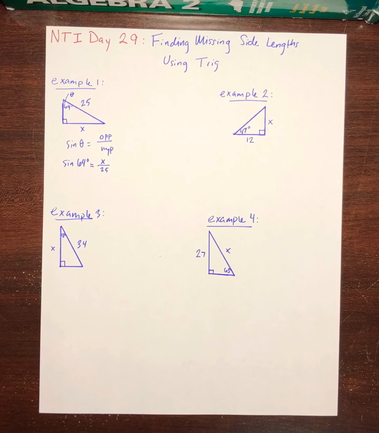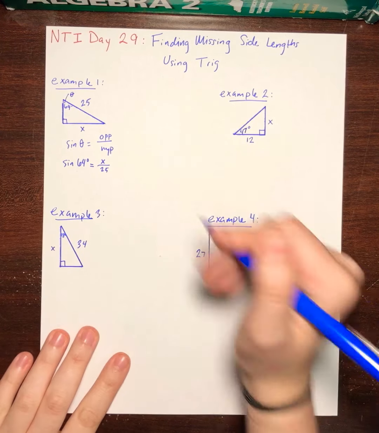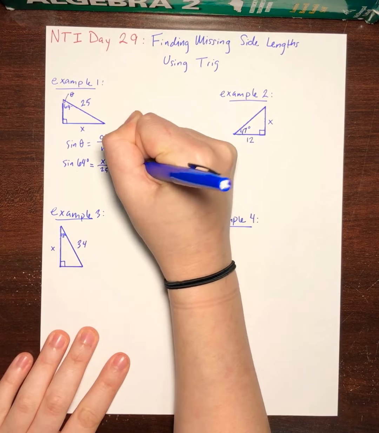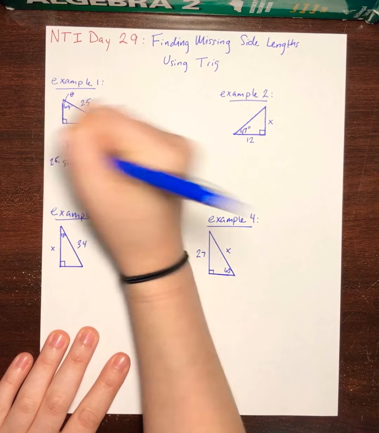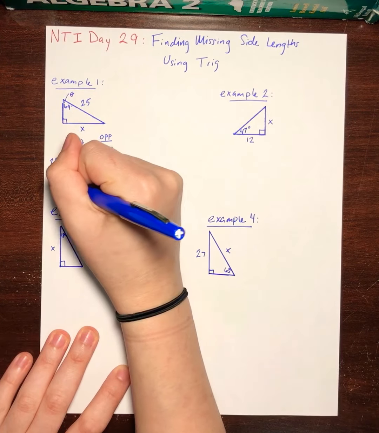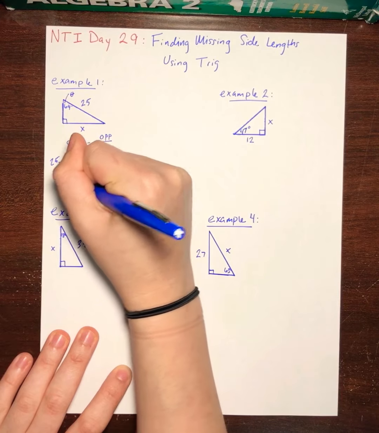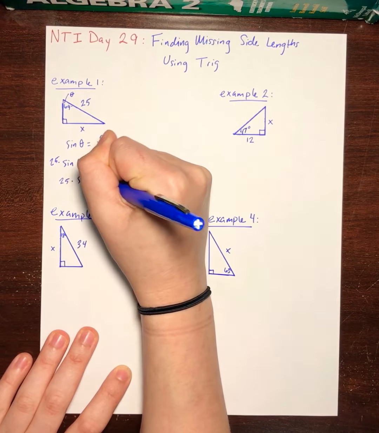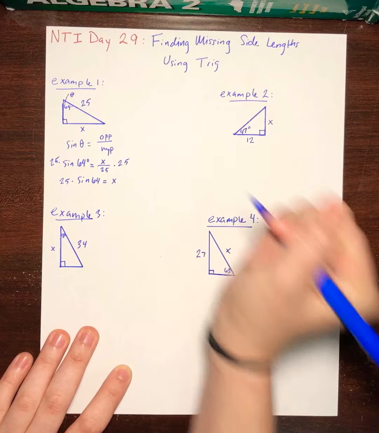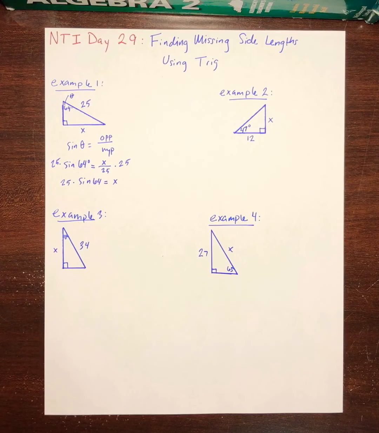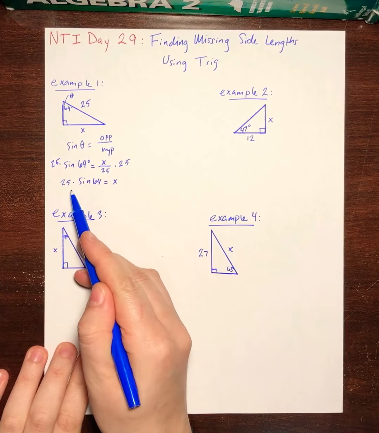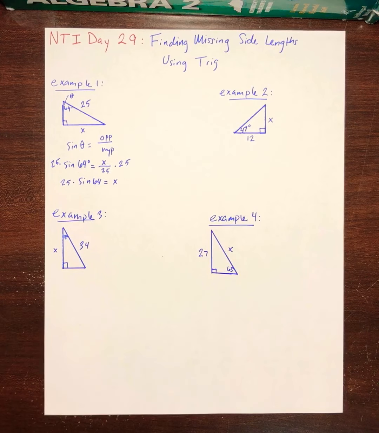So now we just need to get x by itself. I can do that by multiplying 25 on both sides of the equation. So we get 25 times sine of 64 equals x. And then to figure out the exact value of 25 times sine of 64, you can type that into a calculator. You can Google it. It'll probably come up there.